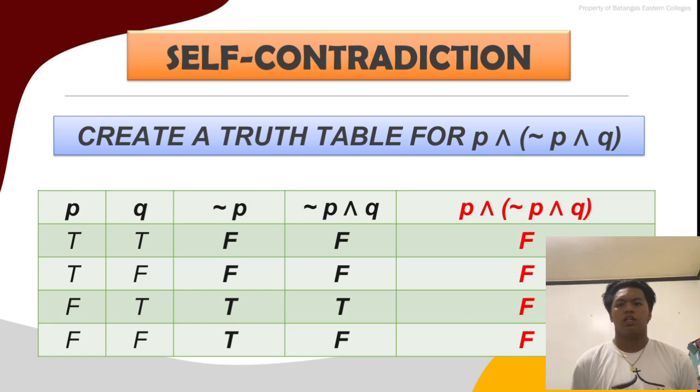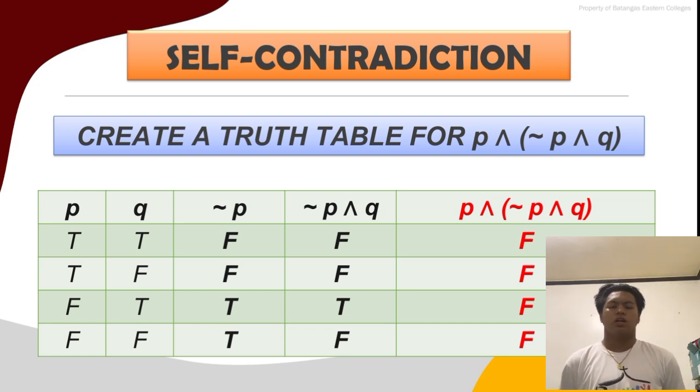So the last one is the P is false and the Q is false. So getting the not P, the P here is false and the not P will be true.